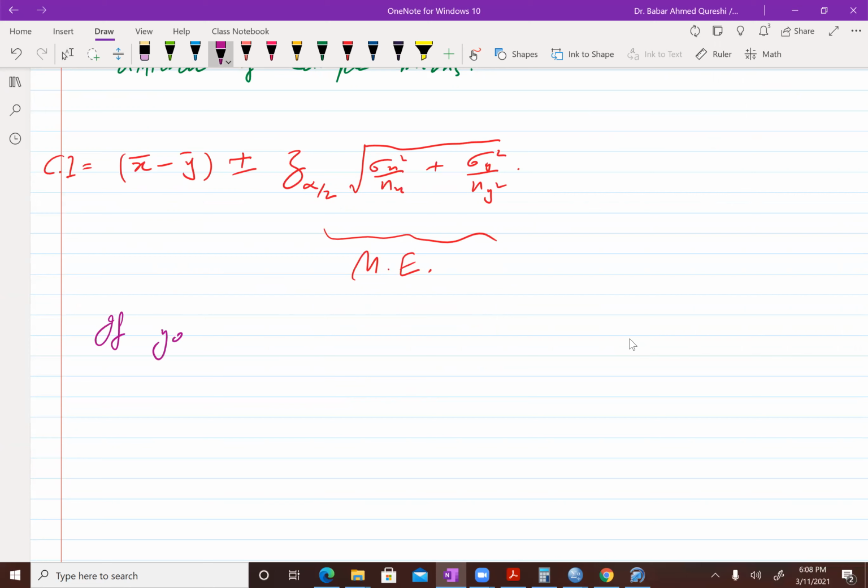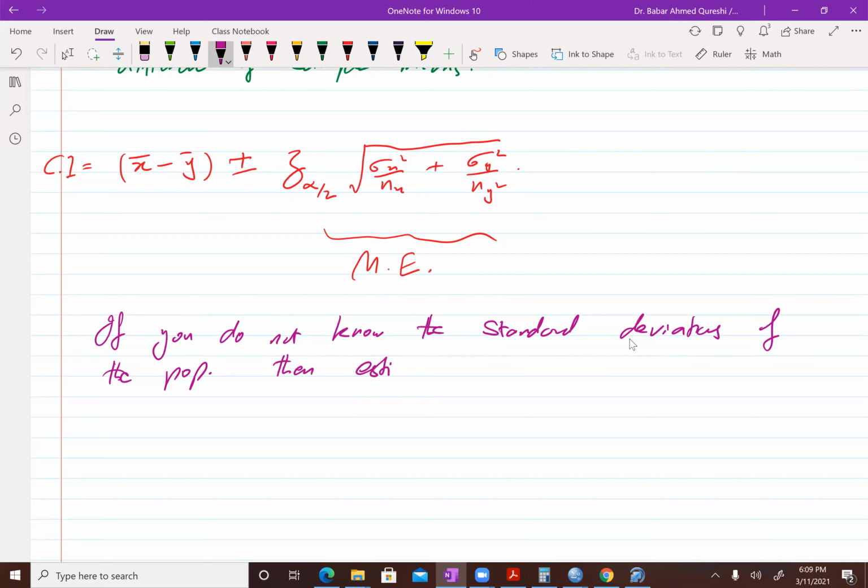If you do not know the standard deviations of the population, then estimate them from the samples themselves.